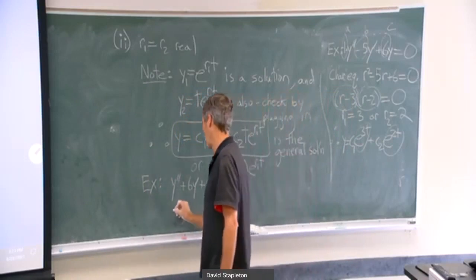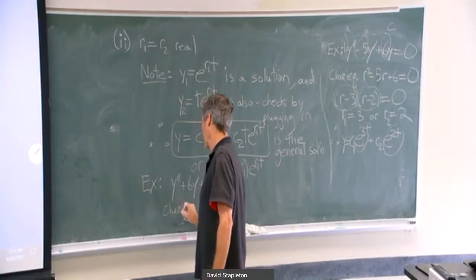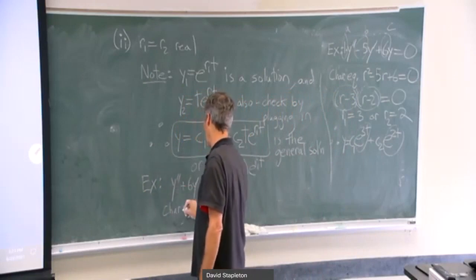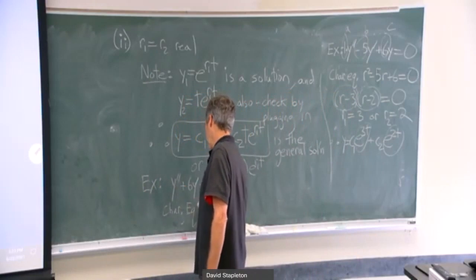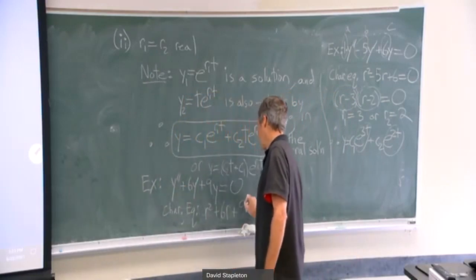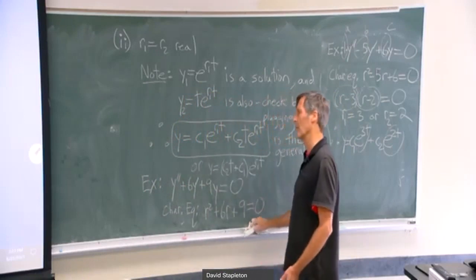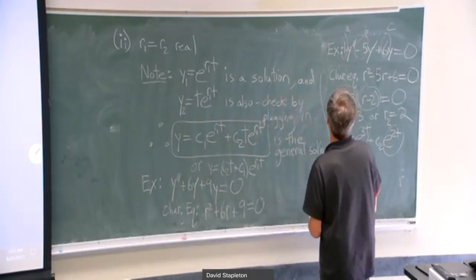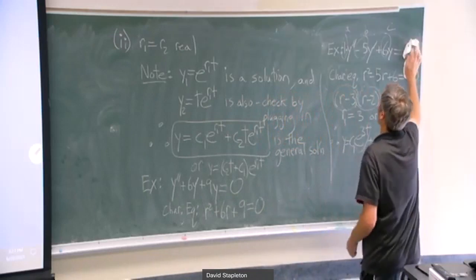Write the characteristic equation. Just replacing this with r squared, this with r, and this one with 1 is r squared plus 6r plus 9 equals 0. Then you solve that for R1 and R2 and immediately write down the solution again. Well, let's see.